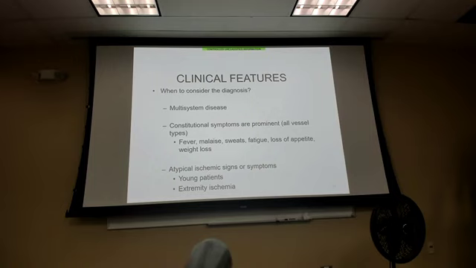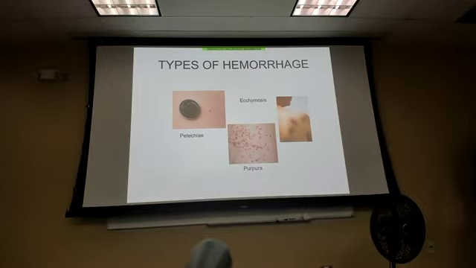So those things are fever, malaise, sweats, fatigue, loss of appetite, weight loss, atypical ischemic signs or symptoms seen with young patients, or extremity ischemia. We talked about how we would specifically state what type of hemorrhage is out there. So if we have petechiae, then it's those smaller ones.